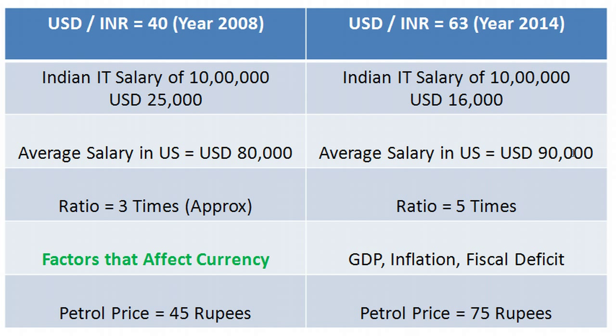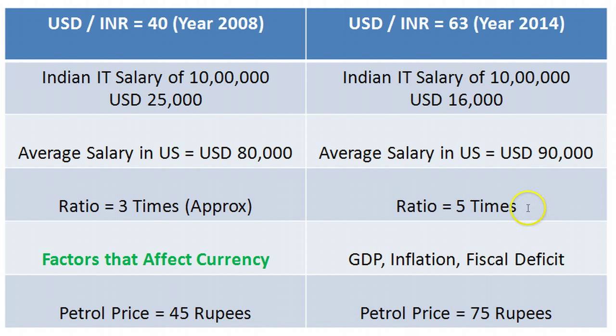Now look at the ratio between the average salary there and a salary of 10 lakh rupees in India. That came to 3 times, and 10 lakh is actually above average salary in India. Today, the ratio is actually 5 times.